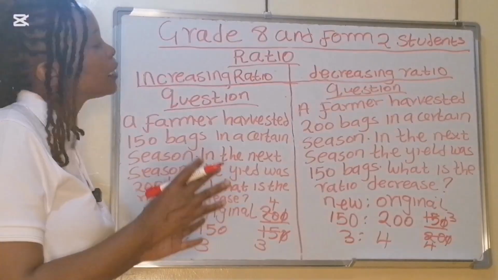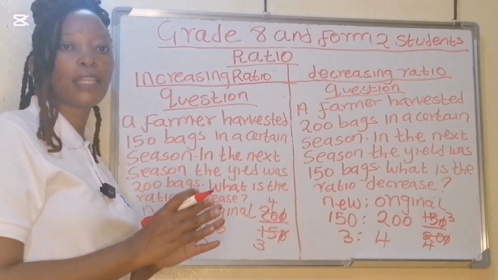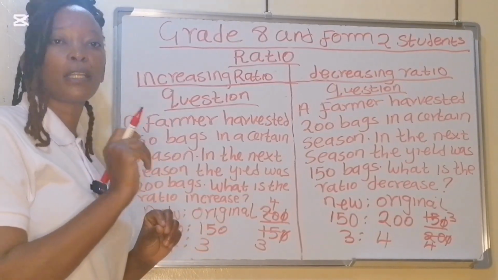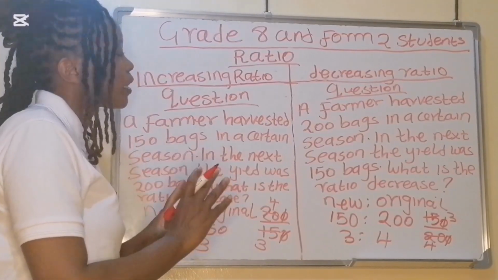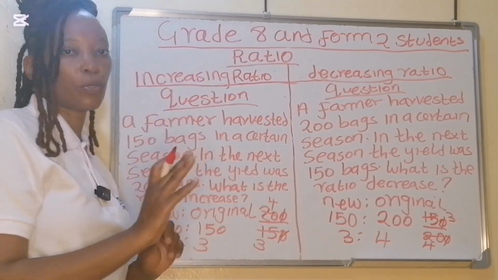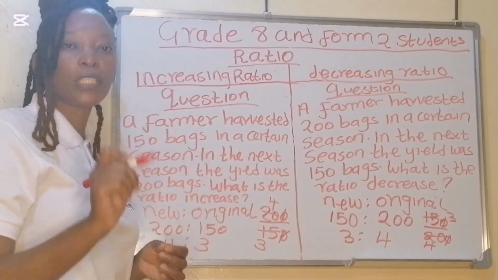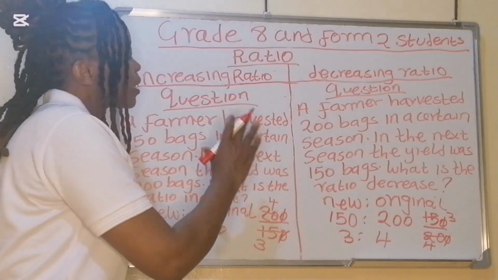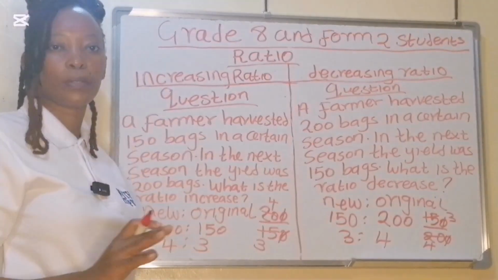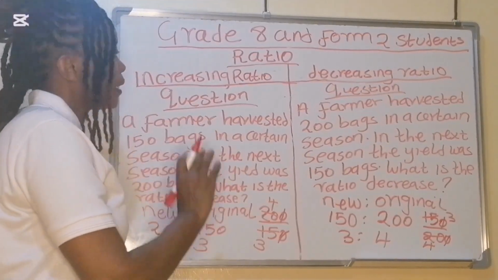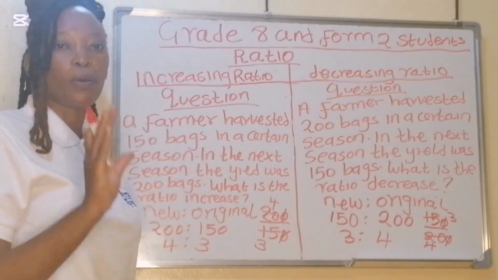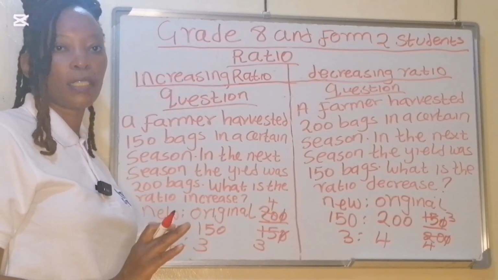What does the examiner need me to know? The only thing they need you to know here is that we start with new, then original. Just write new, original, then identify what is new here and what is original. Then you are able to answer questions on increasing and decreasing ratio. I hope you are with me up to that point, okay?